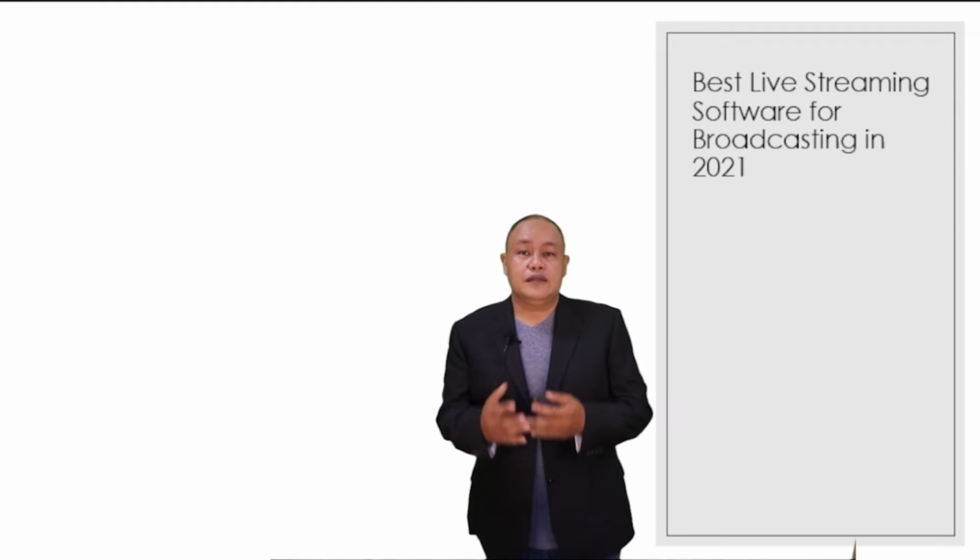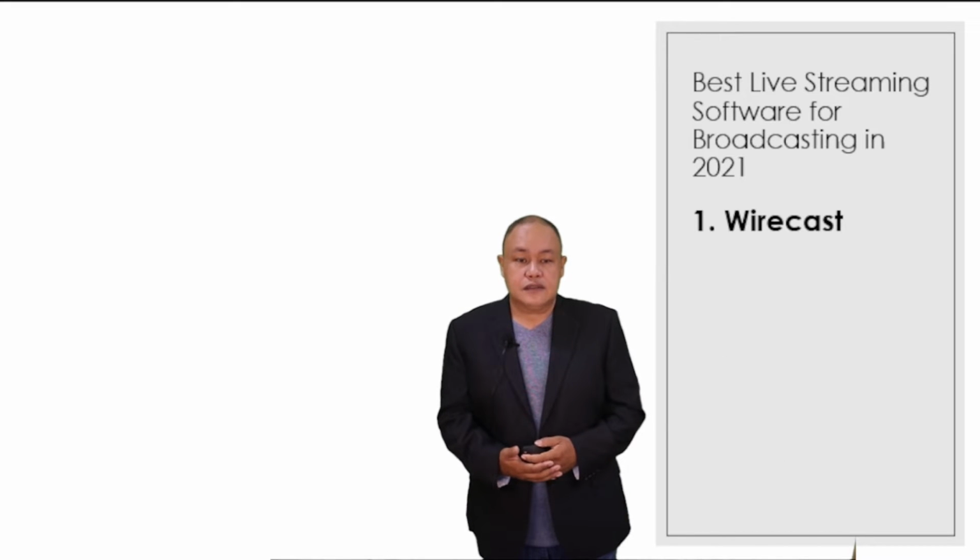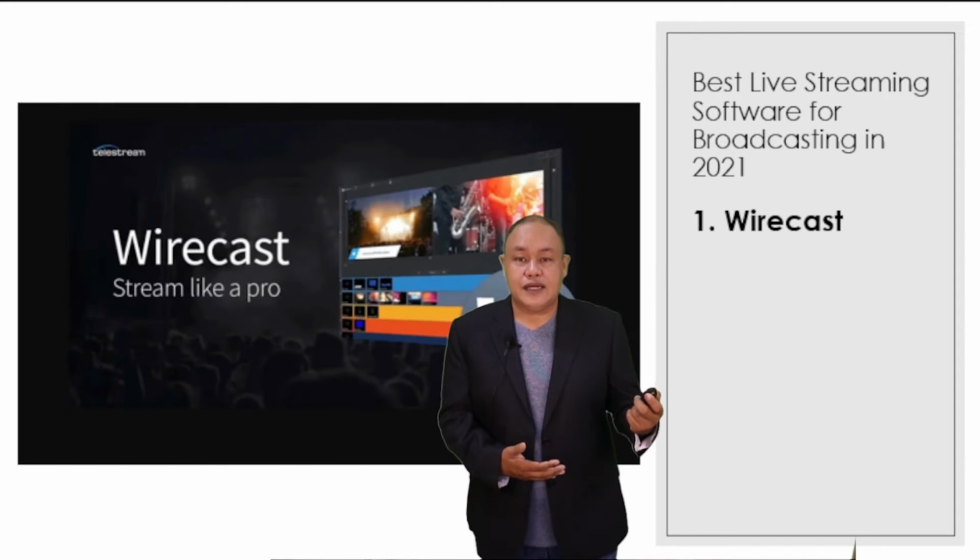According to Dacast.com, there are several best live streaming software for broadcasting in 2021. Today, we're going to discuss only the first 4 best software for broadcasting. First, we have Wirecast.